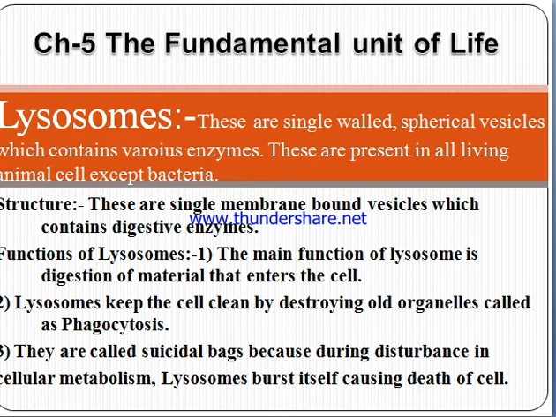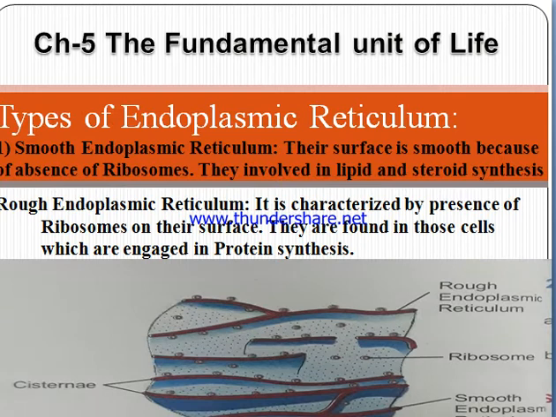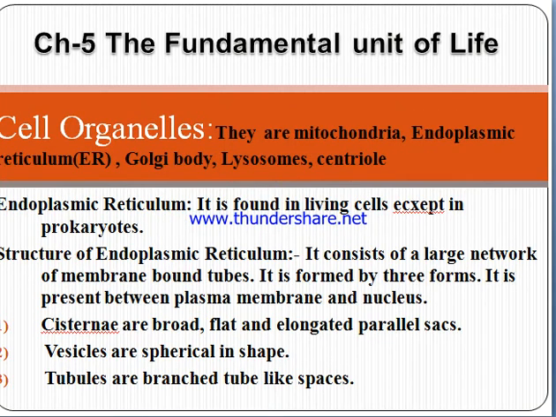All these organelles. Now I am giving you a hint on how you can remember and learn. The first organelle is the endoplasmic reticulum. You have to just think about what it has. It has a large network of membrane tubes known as cisternae, vesicles and tubules. Only this line.